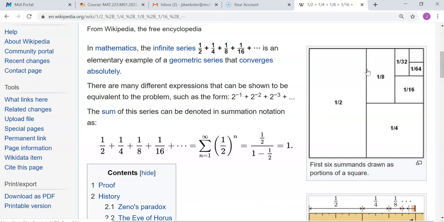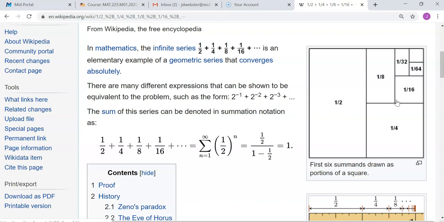If I cut the square in half, what that leaves me is a half on the left-hand side, and then on the right-hand side, this half is going to be subdivided. So I cut the right-hand side in half. What do you get? 1/2 and then 1/4. You get the first 2 terms of that infinite series.